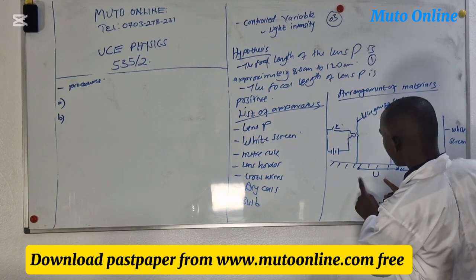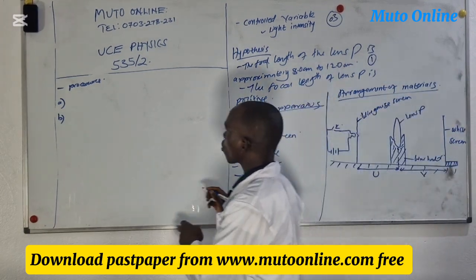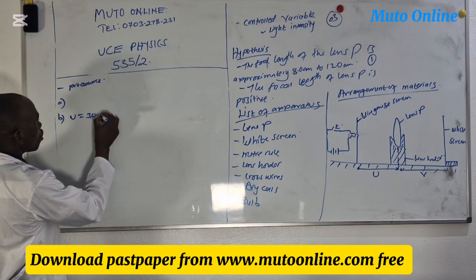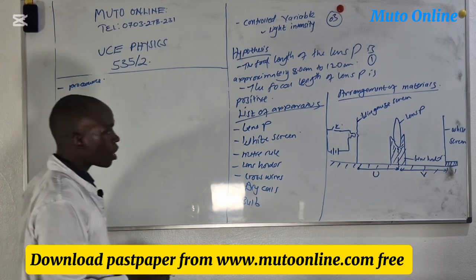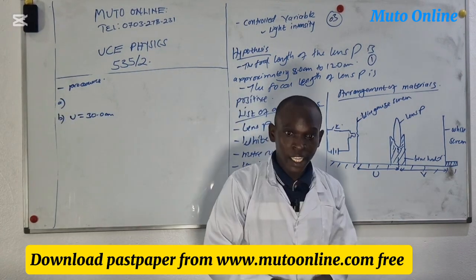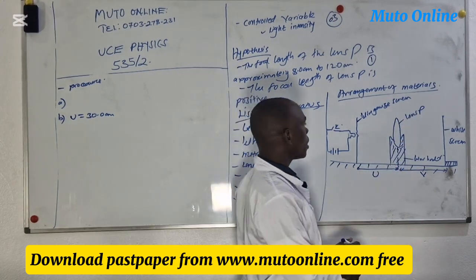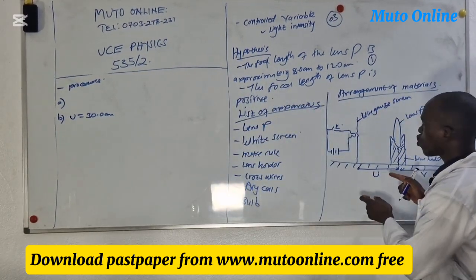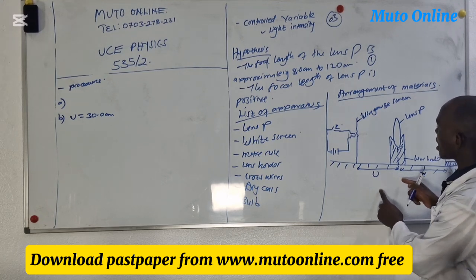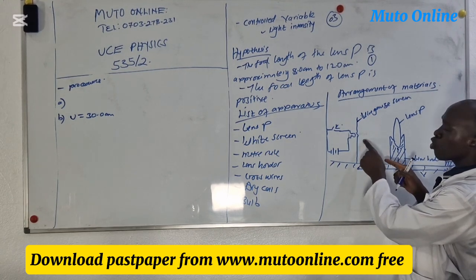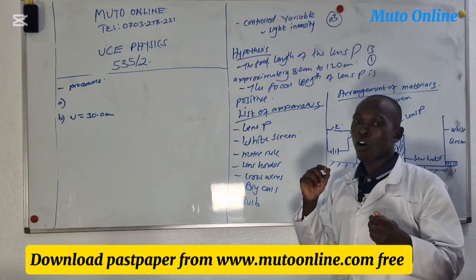Now B will be measure distance U equals 30.0 centimeters using a meter rule, and place there the lens P. This lens P is going to be at a distance U equals 30.0 centimeters from the cross wires. And the cross wires are going to act as our object.